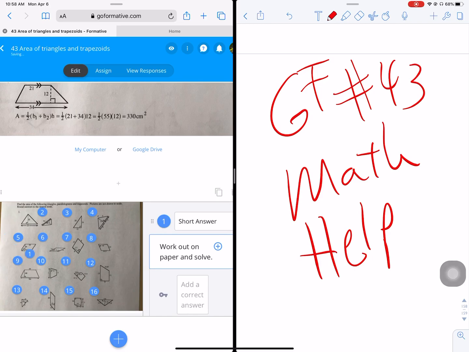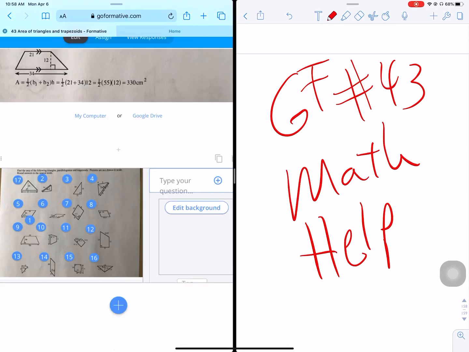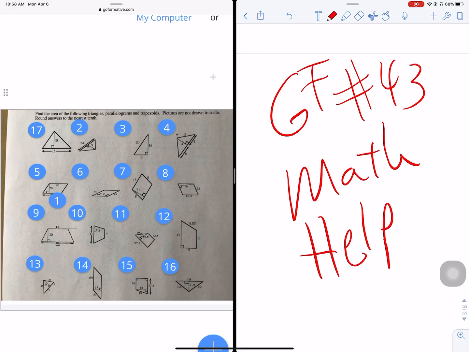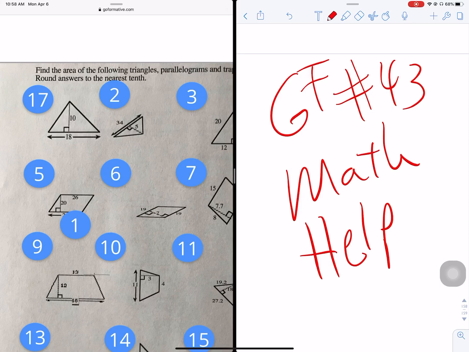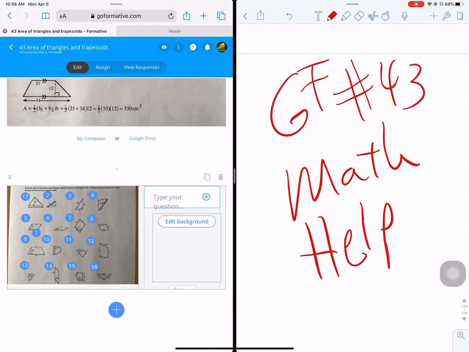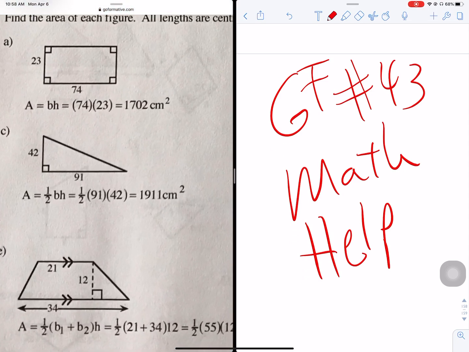Pick any problem from below. And let's just say, for the sake of this, I pick a triangle. And if I don't remember how to do a triangle, I can just go back and see what a triangle looks like. And then plug those in.